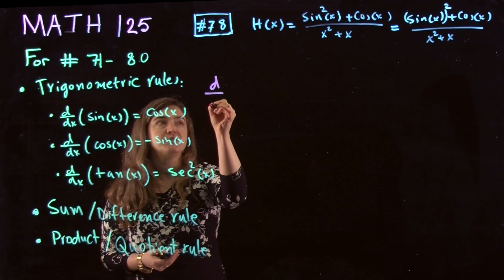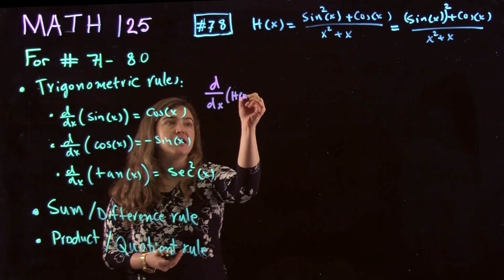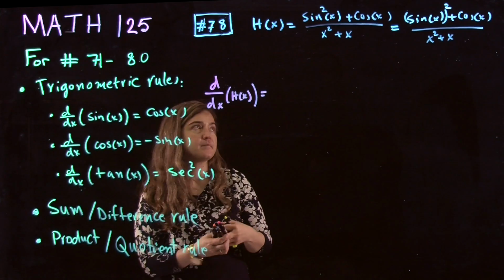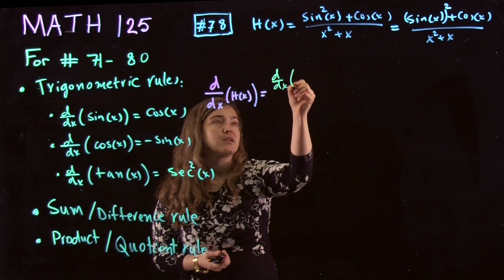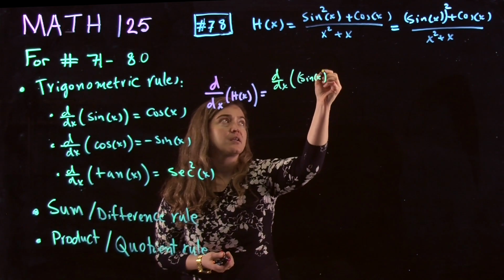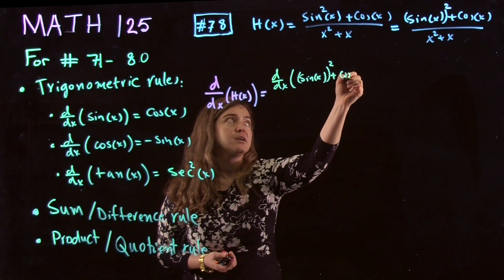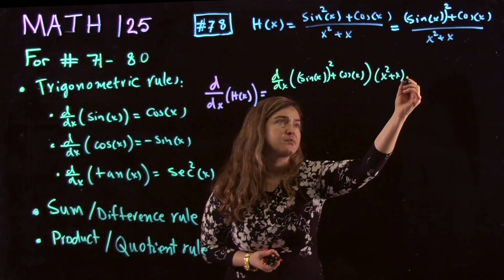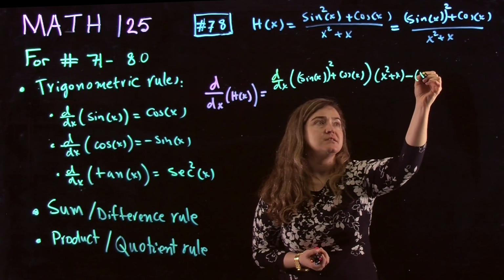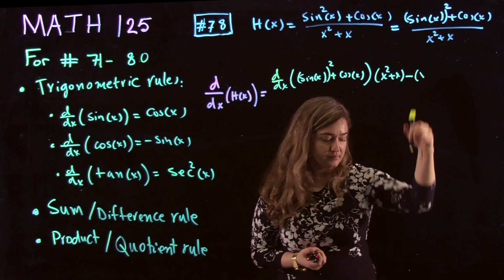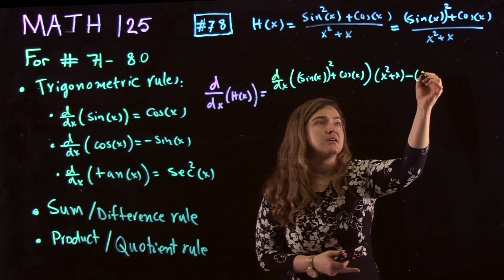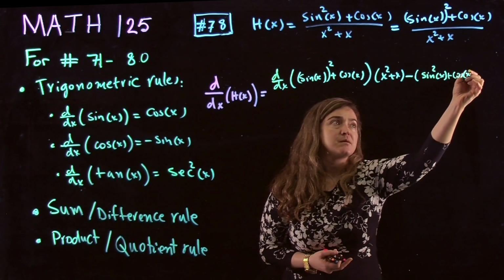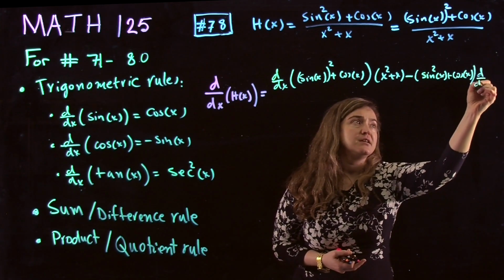So derivative with respect to x of h of x is equal to derivative of the numerator times the denominator minus the numerator itself times the derivative of the denominator.